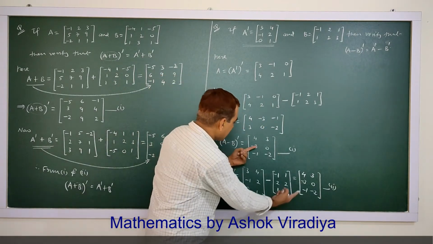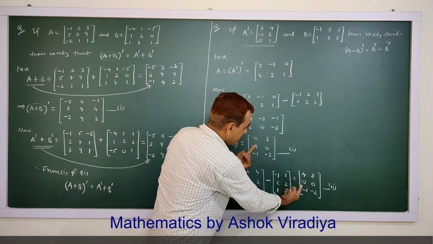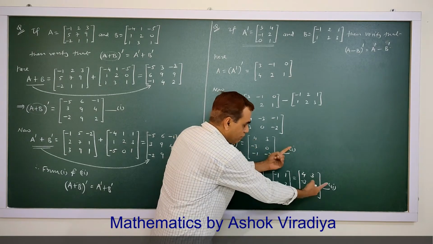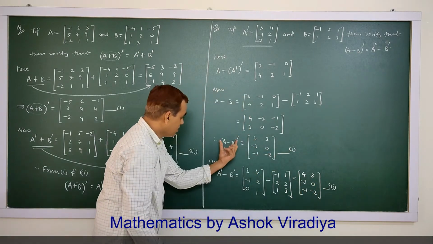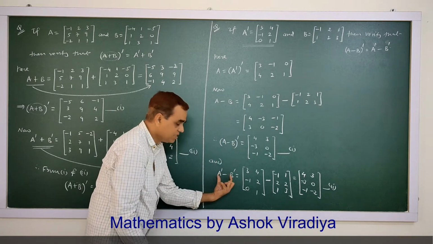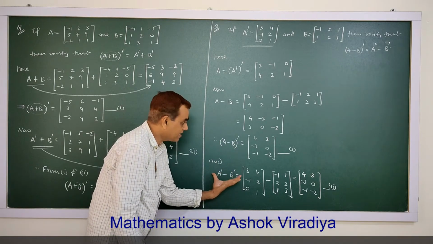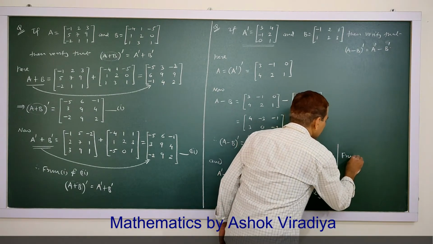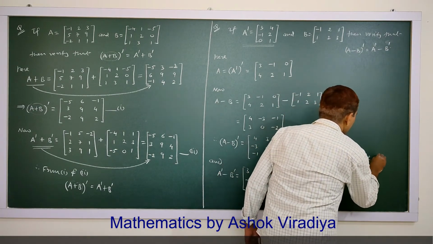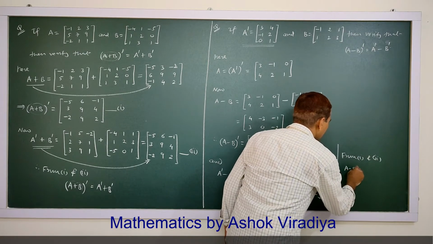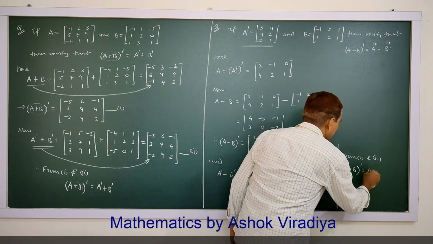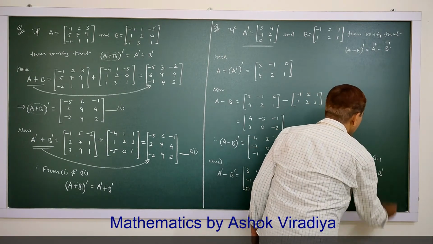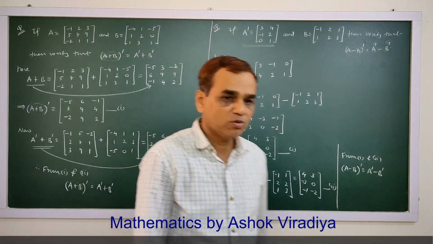Now look at these two matrices. See, they are the same. So from 1 and 2, the transpose of A minus B is equal to A transpose minus B transpose. So from 1 and 2, the transpose of A minus B equals the transpose of A minus the transpose of B. This is true.